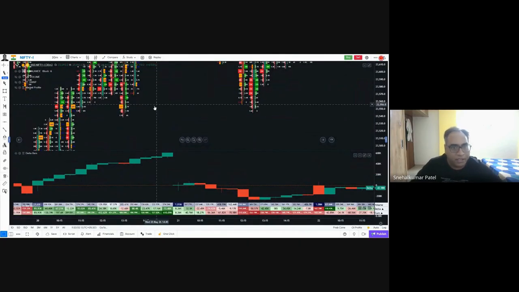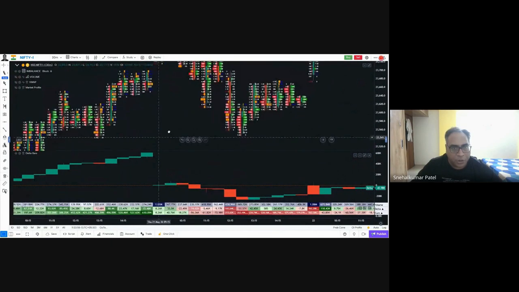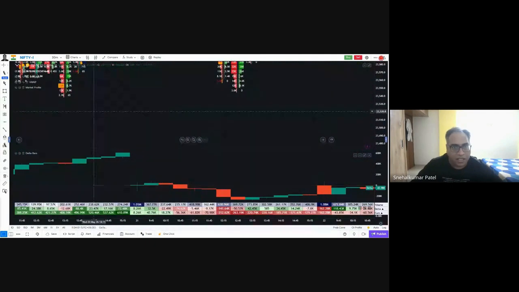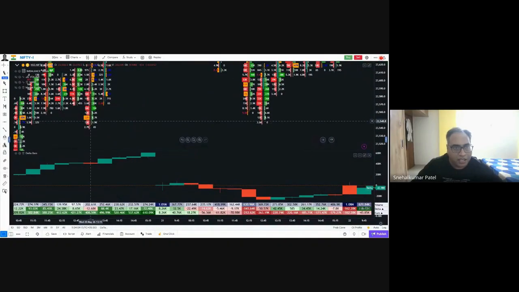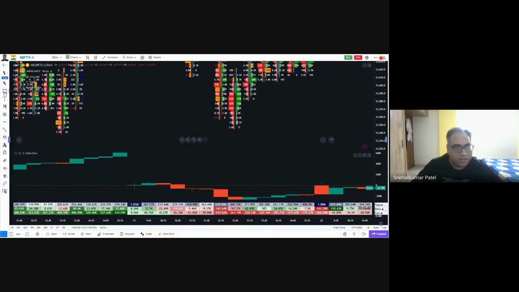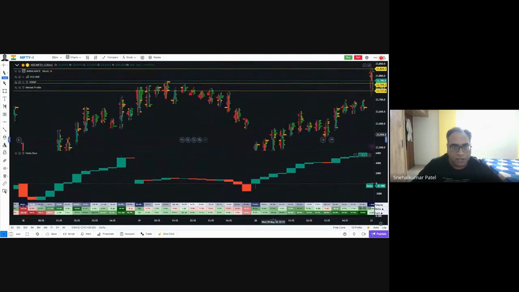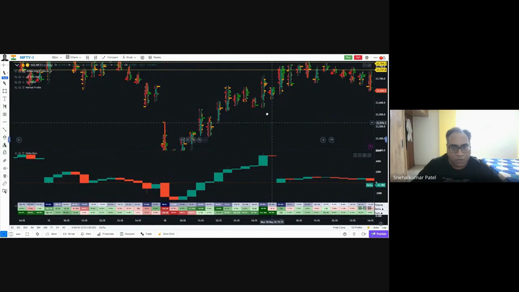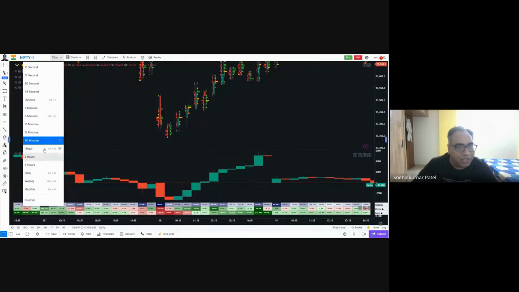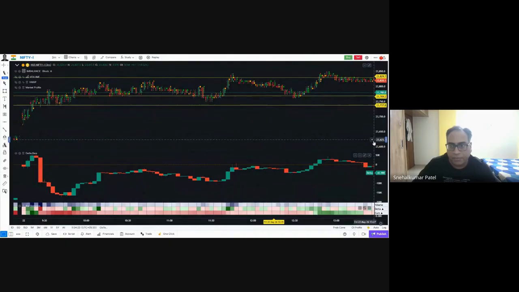So this is a level where we see that the buyers tried to buy again. So basically, let me find the example, proper example, where I can show how the buyers dominated. I will go on a lower time frame and try to find a setup.